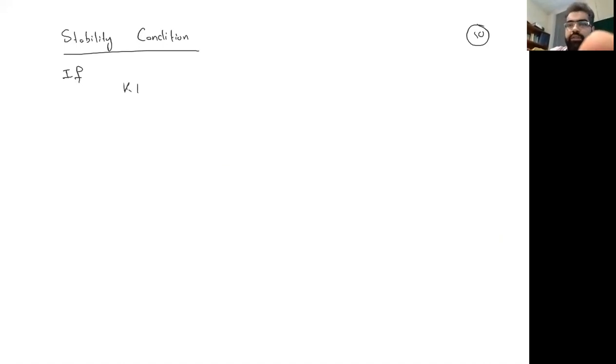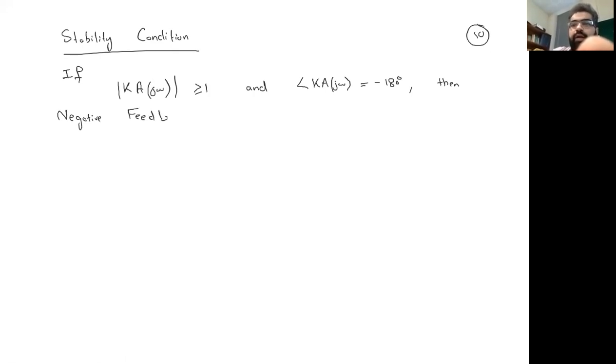If the magnitude of K times A(j omega) is greater than or equal to 1, and my angle of K times A(j omega) is equal to -180 degree, this means my system is unstable. It will oscillate. Then the negative feedback will oscillate. That is the condition of stability.